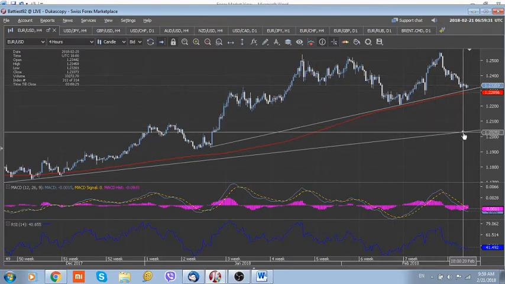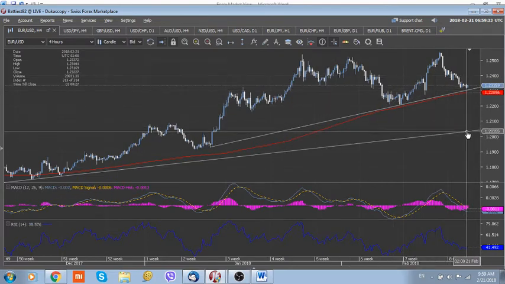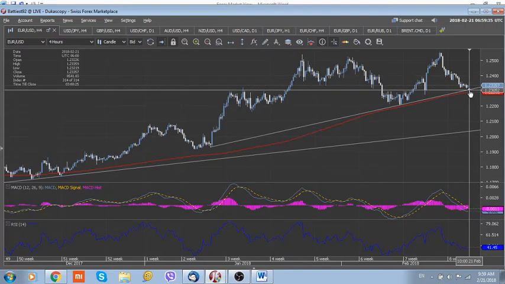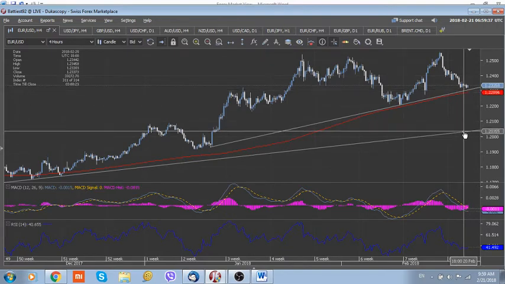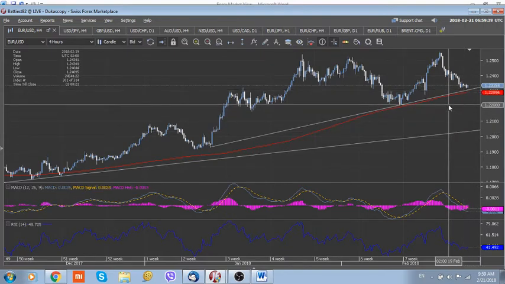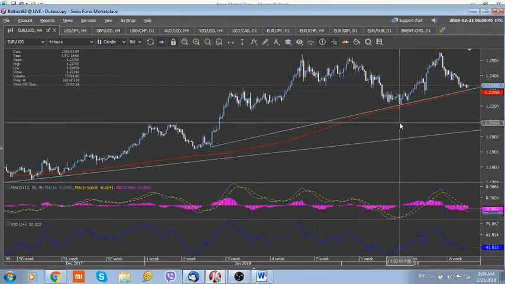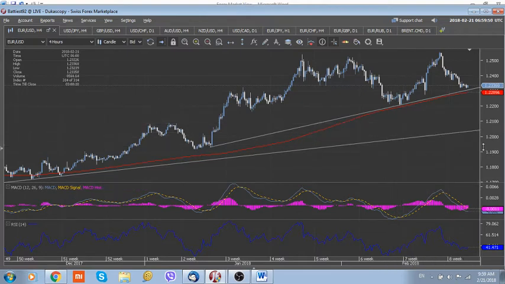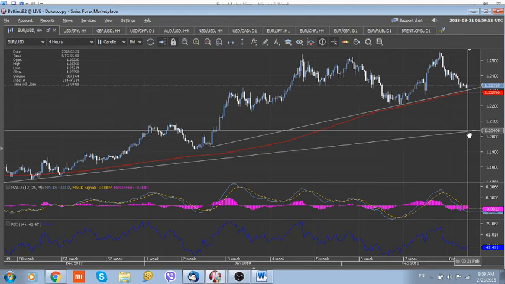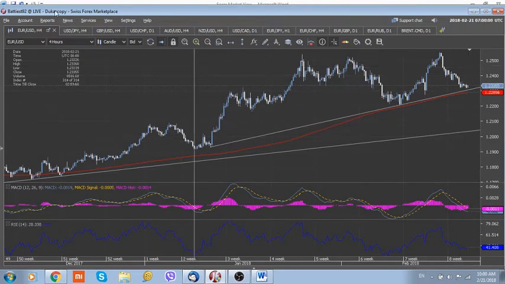In case of dipping and closing below the level of 122.75, the next barrier of course will be around 122, where are the lows of February around 122.05, with another point which is more important, the longer term uptrend line, which lies around 120.35.